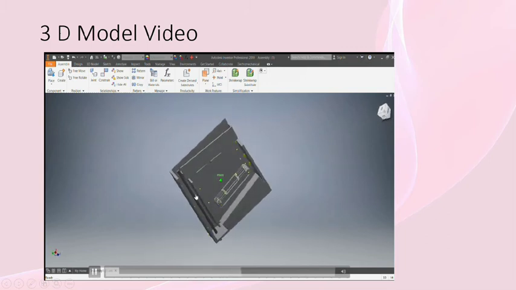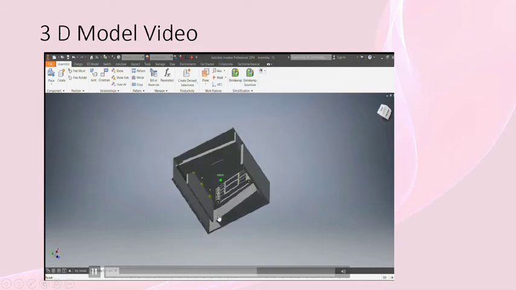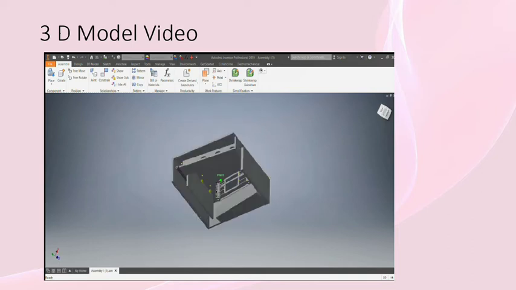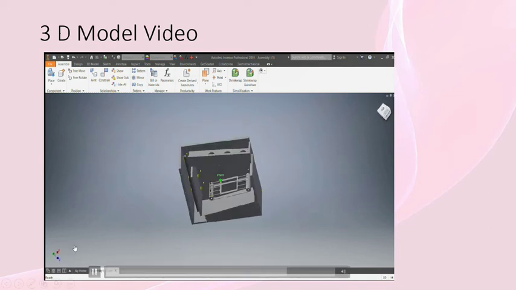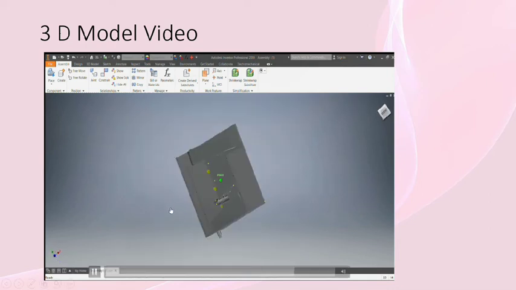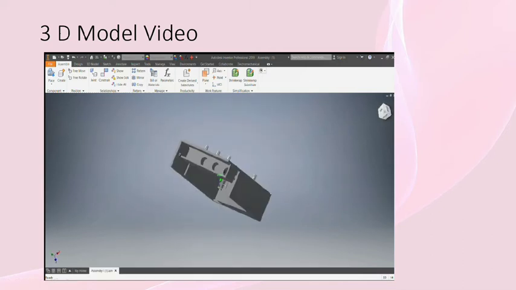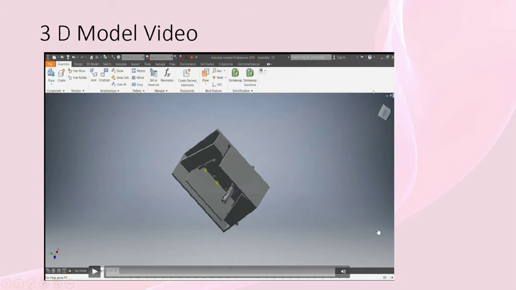From this, the restoring of ball occurs through threading. This is all about the 3D model video.